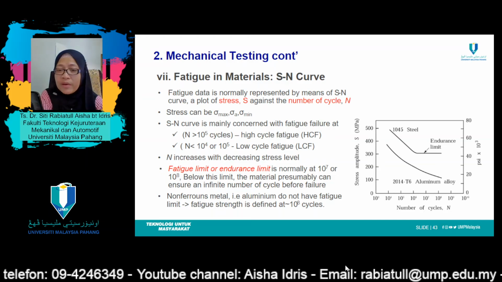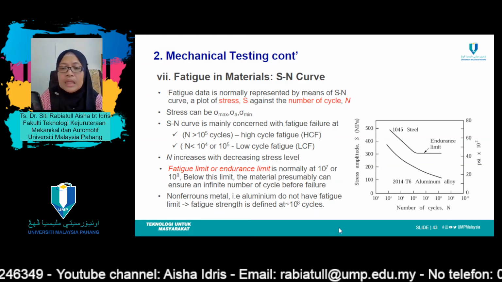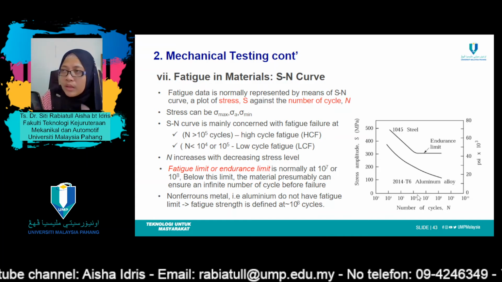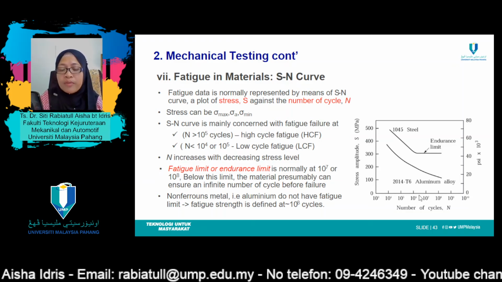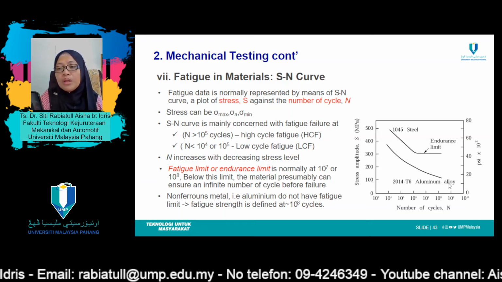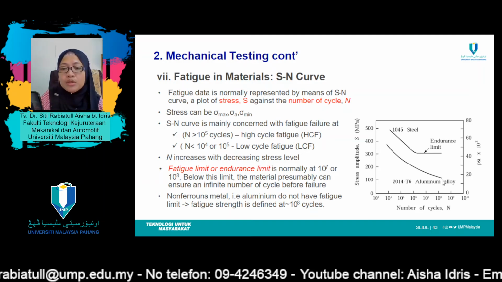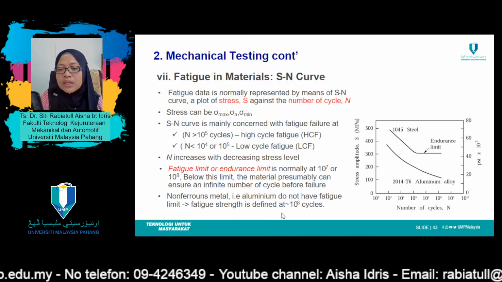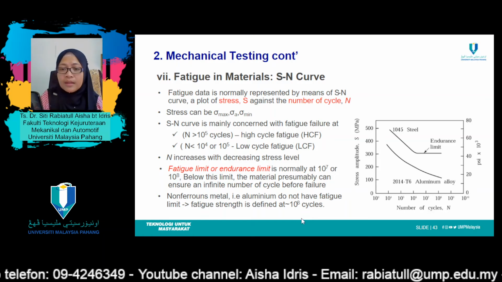However, non-ferrous metals like aluminum alloy do not have a fatigue limit, and that's why when cyclic loading is applied onto non-ferrous metal, it will rupture faster compared to ferrous metals. Its fatigue strength is defined at around 10 to the power of 8 cycles.